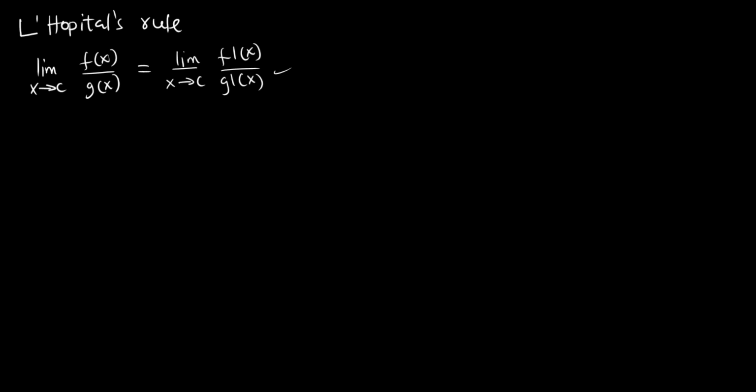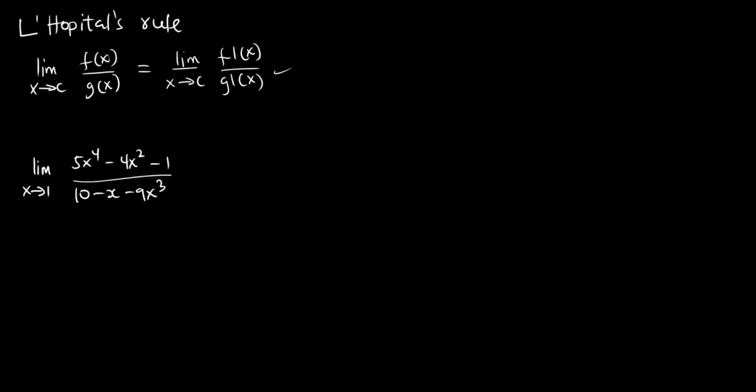Okay guys, let's try our hands on one more example. So let's find the limit as x approaches 1 for the function 5x to the power 4 minus 4x squared minus 1, divided by 10 minus x minus 9x to the power 3.